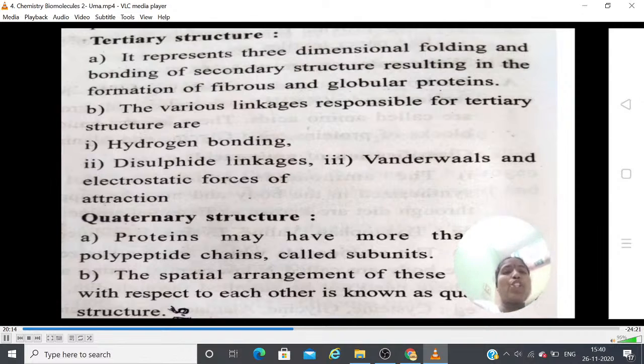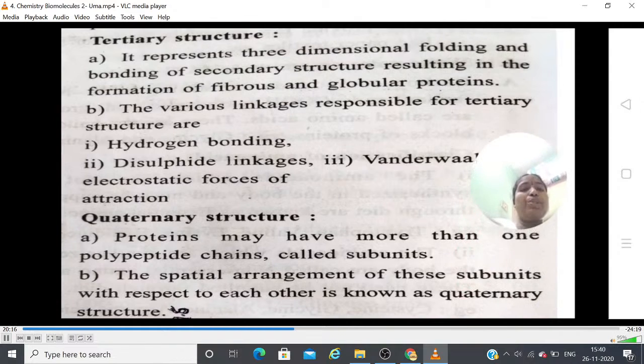The spatial arrangement of these subunits with respect to each other is known as quaternary structure. So this is about quaternary structure.